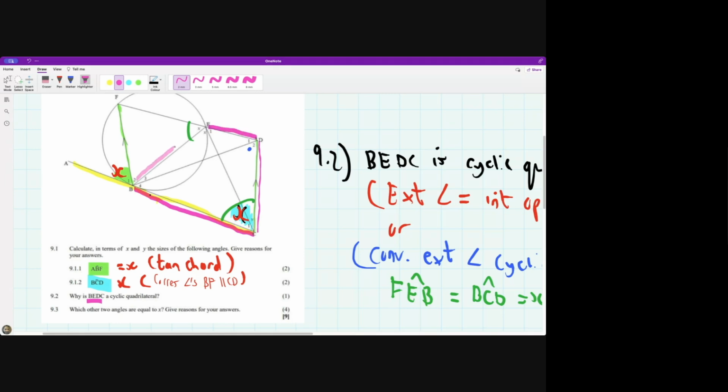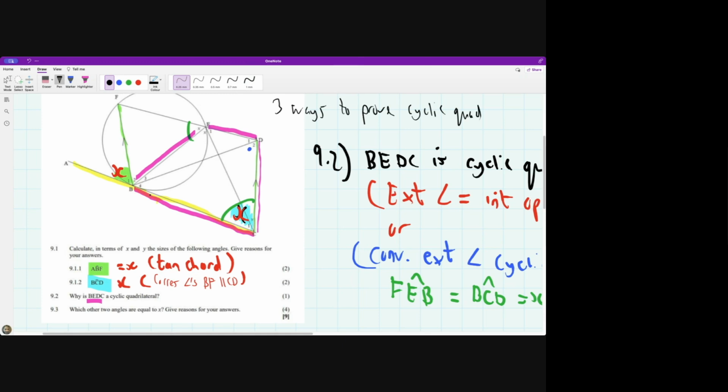Okay, so this is a quadrilateral. We need to show that it's a cyclic quad. Now, a cyclic quad means that we can fit a circle through that. But there's only 3 ways to show something's a cyclic quad. So 3 ways to prove a cyclic quad.